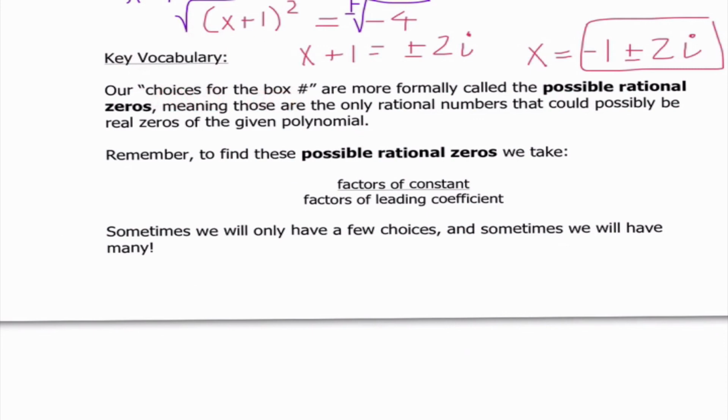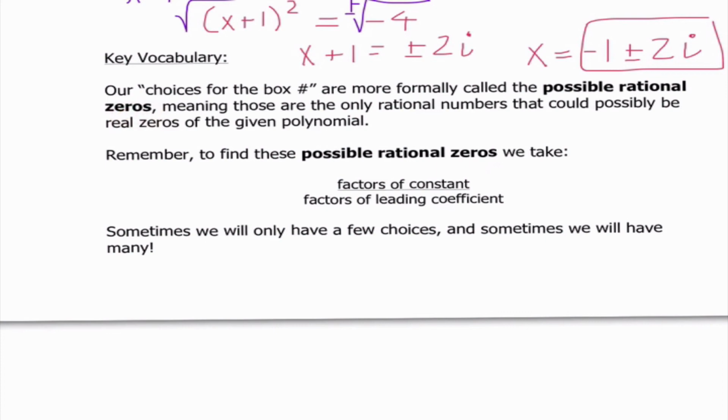Last year in Algebra 2, we said choices for the box number, but we are now calling them possible rational zeros. What that means is those are the only rational numbers that could possibly work. We learned back in Algebra 2 a rational number is any number we can write as a fraction of integers.